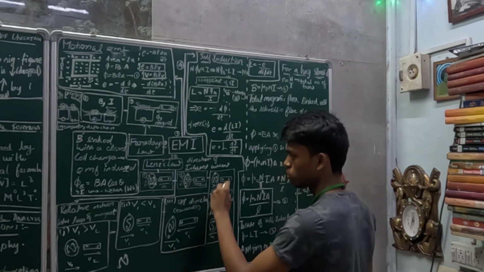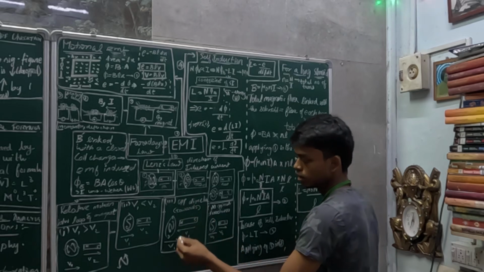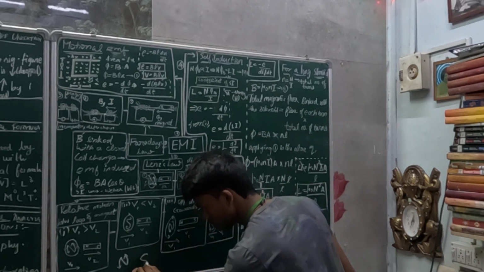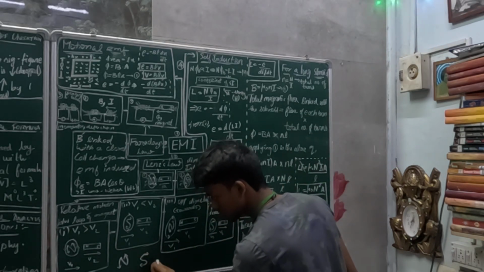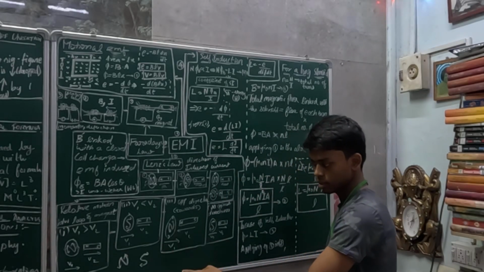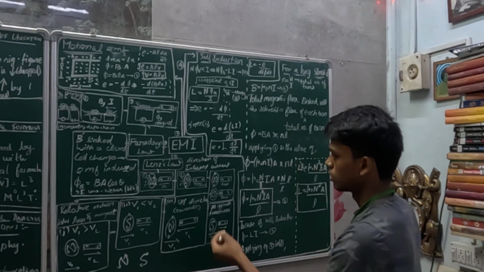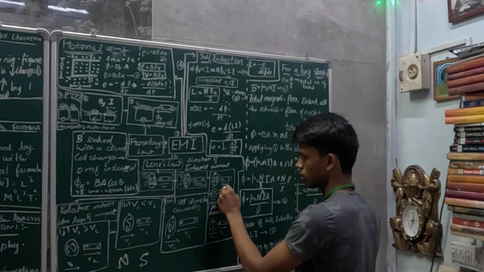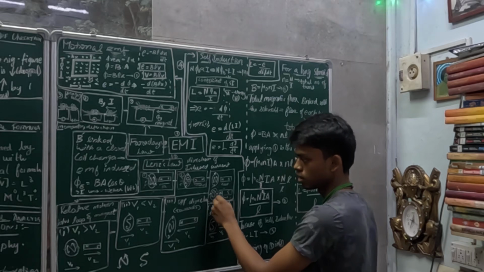Similarly, when the south pole is brought near a circular loop, the direction of the current will be clockwise, which can be represented as S, which indicates the clockwise direction. Then, in the third case, when the magnet is at rest, there will be no change in the loop.